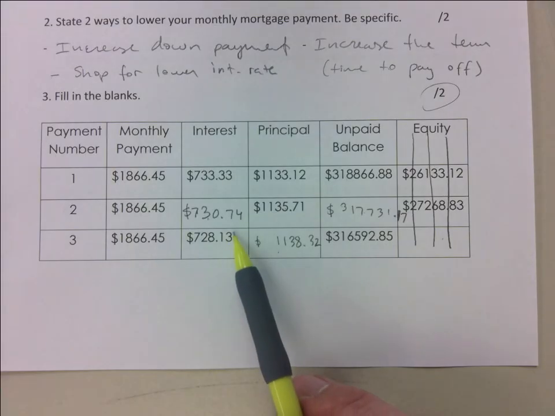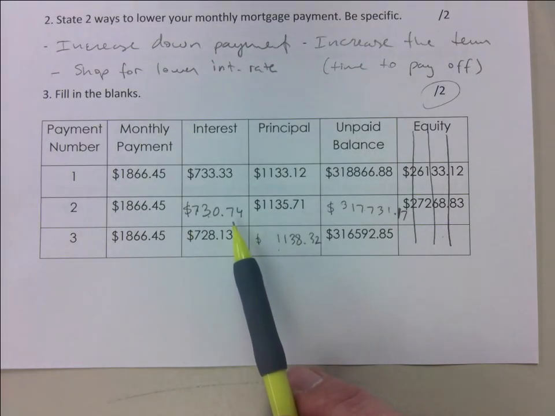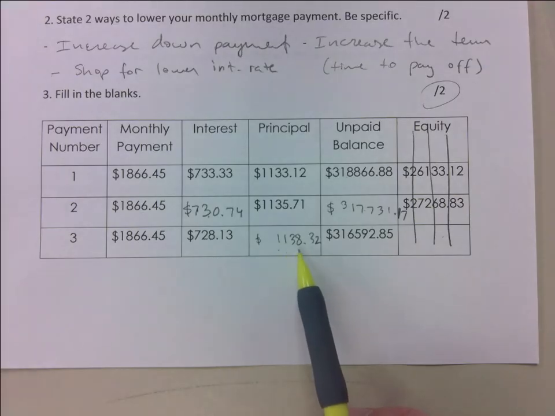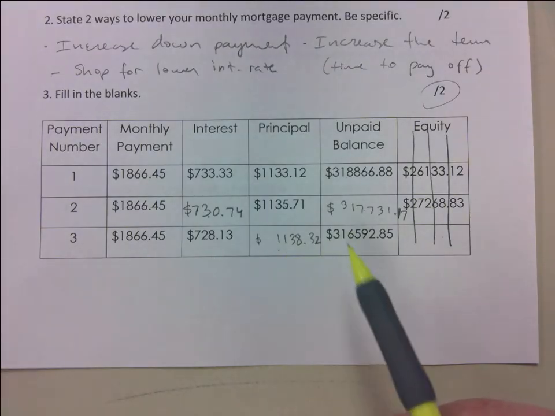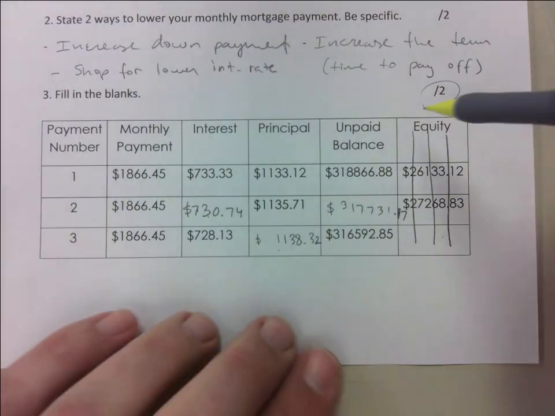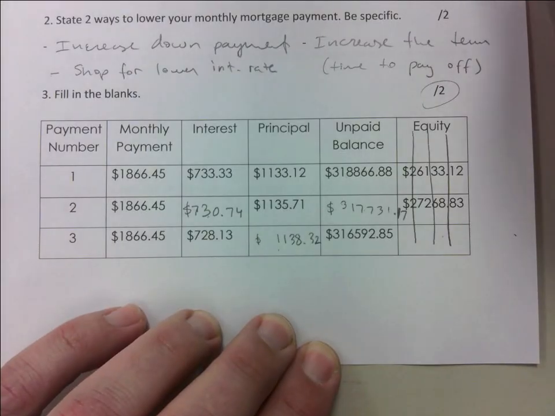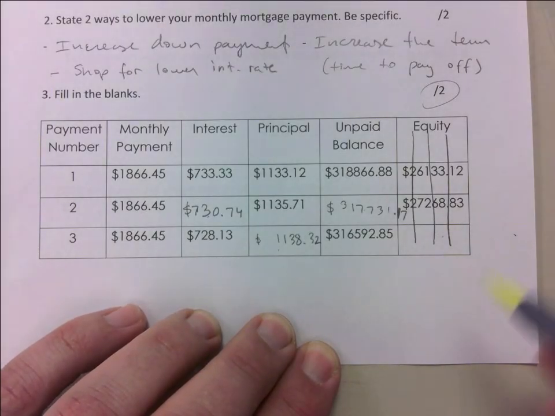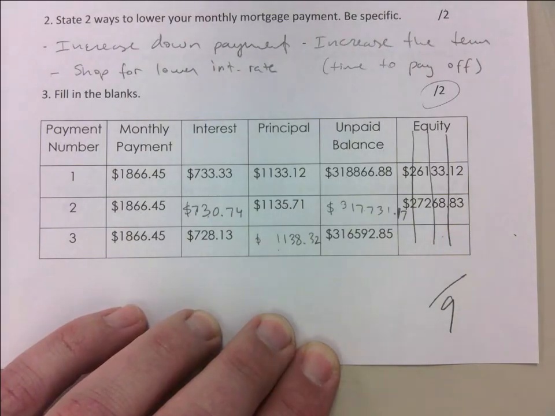So I would say, how about this? 1 mistake, you lose 1 right away. And then if you make 1 mistake, like if one of them is right, you still get 1 out of 2 though. Okay. So 2, 4, 5, 6, and 3, that's 9. So this page is worth 9.